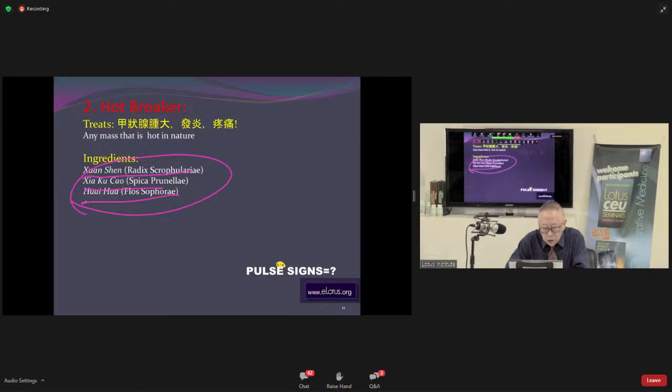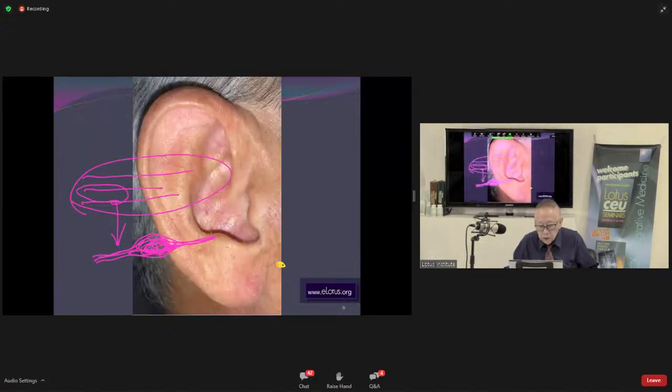Let's deal with the 槐花. 槐花 is for swollen blood vessels, the veins, like the veins on the leg, the veins in the genital area.